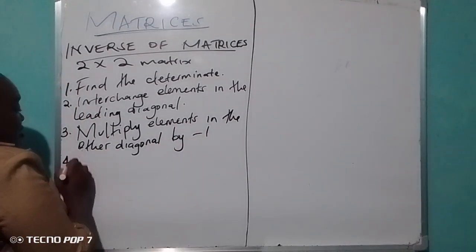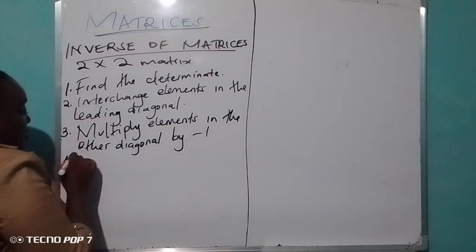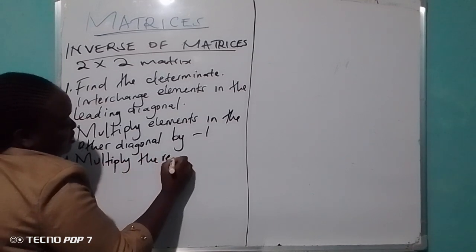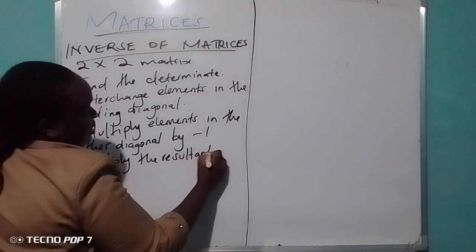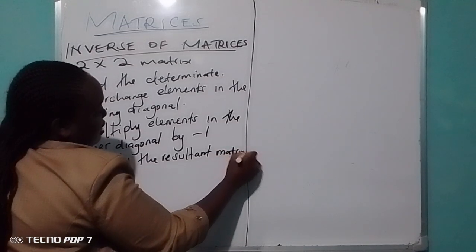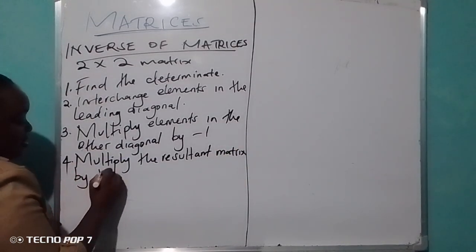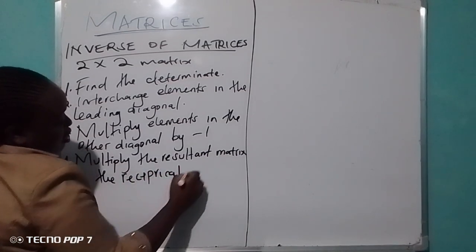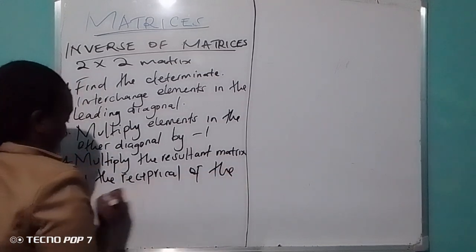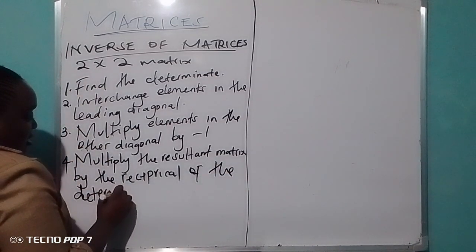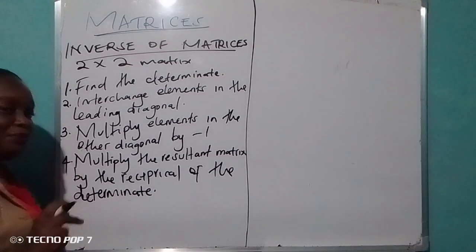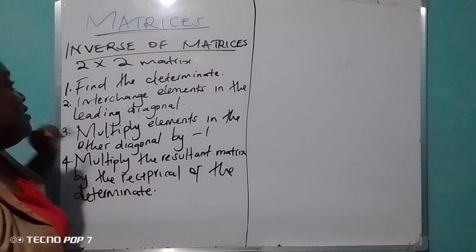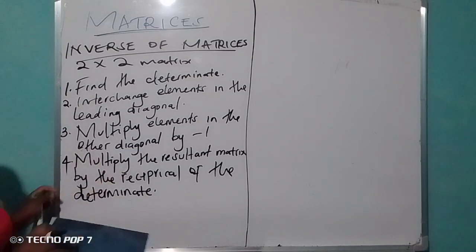So lastly, you will multiply the resultant matrix by the reciprocal of the determinant. So let us start with the first step.